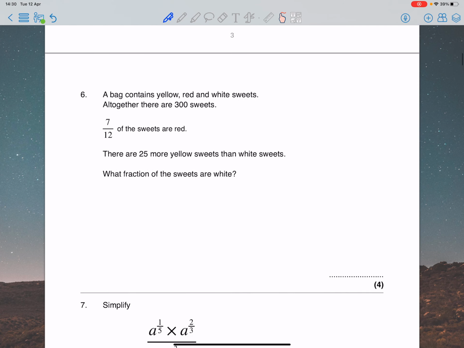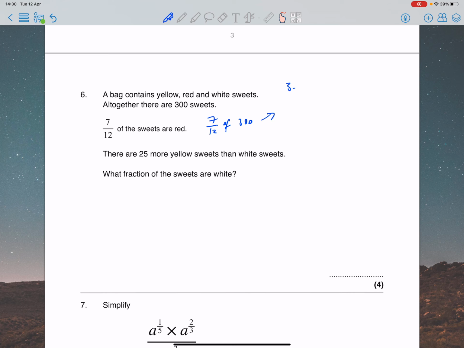Right, next question. A bag contains yellow, red, and white sweets. Altogether, there were 300 sweets. So it says 7/12 of the sweets are red. So how many is that? Well, that's 7/12 of 300.